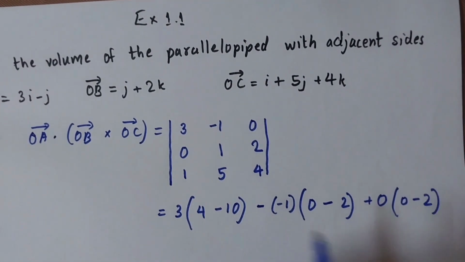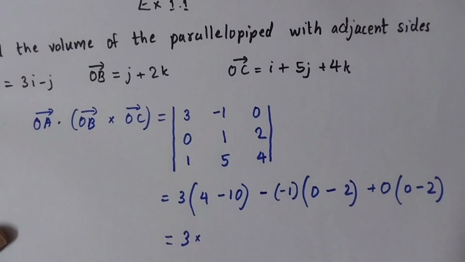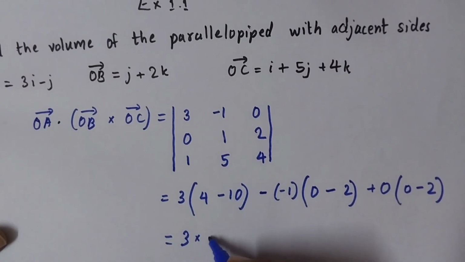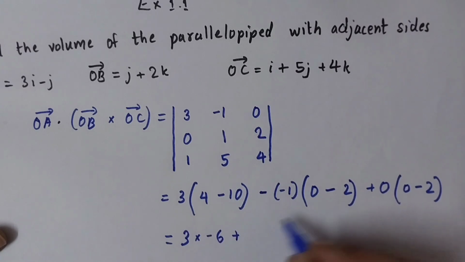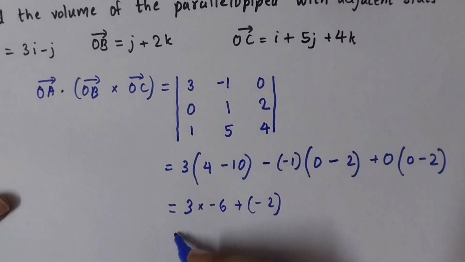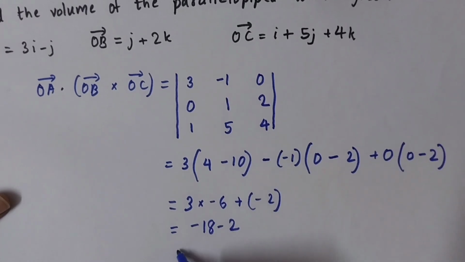So this term is 0. So this one will become 3 times (4 minus 10 is minus 6), plus minus 2. This is equal to minus 18 minus 2, which is equal to minus 20.